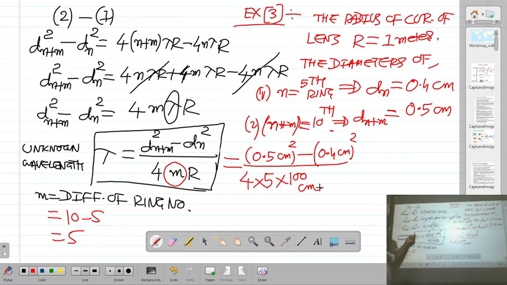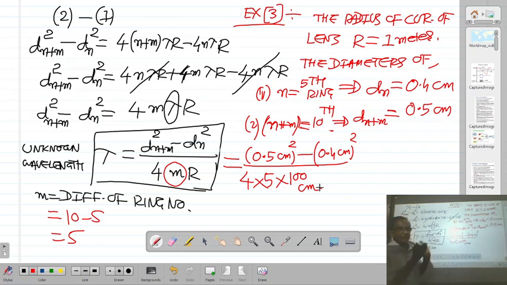So you can use this equation: the wavelength of unknown light, lambda, is dn plus m squared minus dn squared, upon 4 m r. Here dn plus m is the diameter of the 10th dark ring, 0.5 centimeter squared, minus dn, the diameter of the fifth dark ring, 0.4 centimeter squared, upon 4.